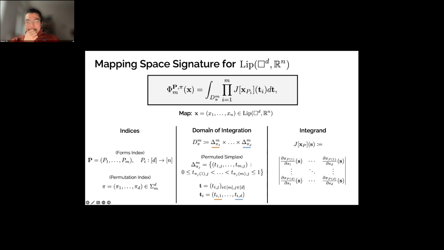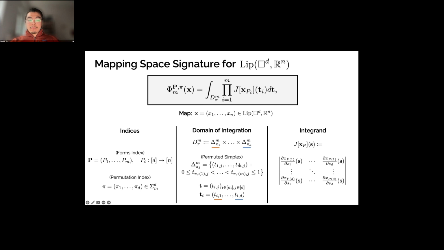And at this point, we can think about how this relates back to the path signature. In the case of D equals 1, this integrand is just going to be a determinant of a 1-by-1 matrix of just the derivative. And so this is where we recover the product of derivatives that we had with the path signature.